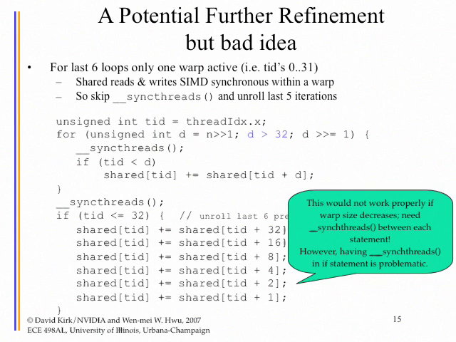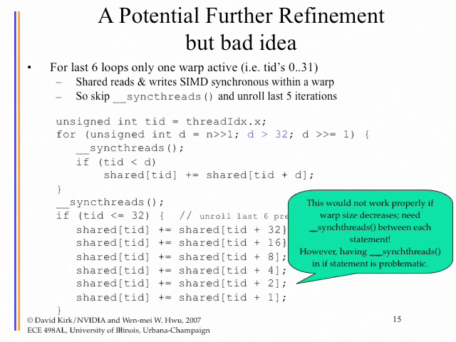So, one way to deal with that final divergence is that instead of taking one iteration at a time, and in every iteration detecting branch divergence, you can actually just say, I will stop.